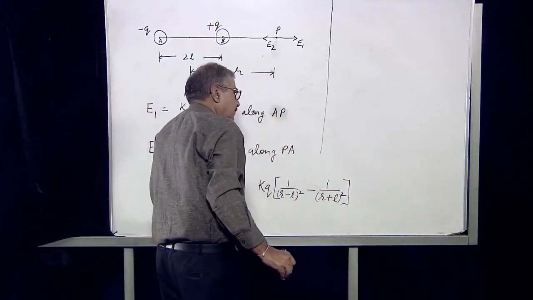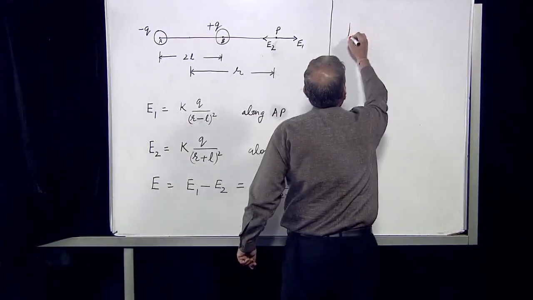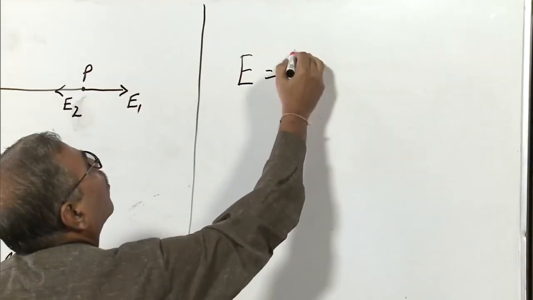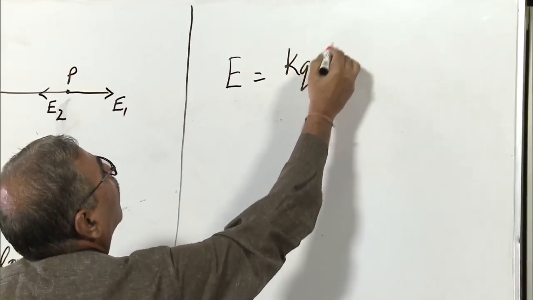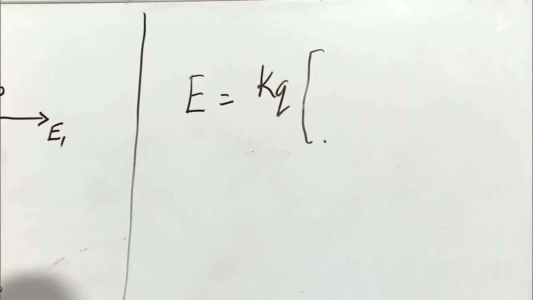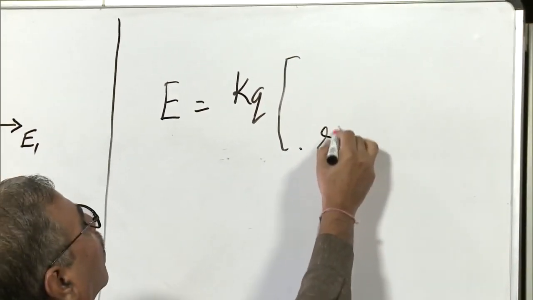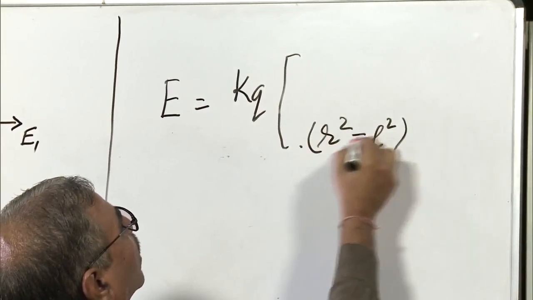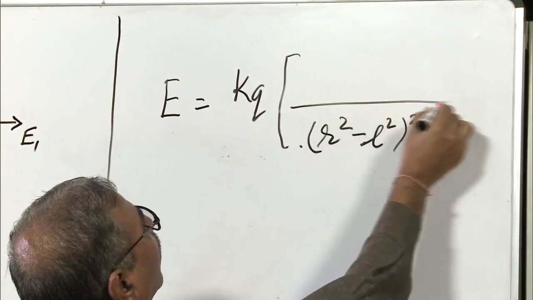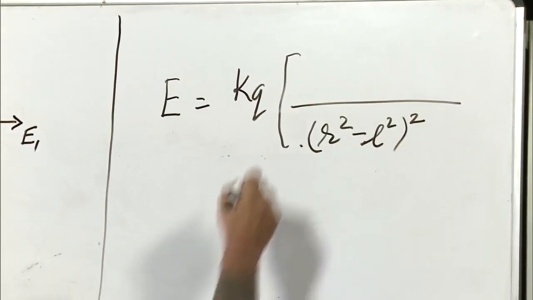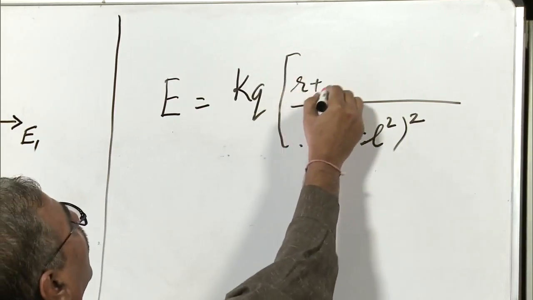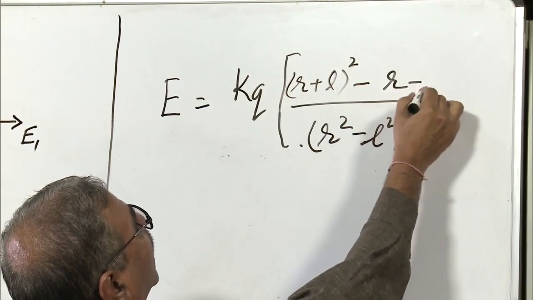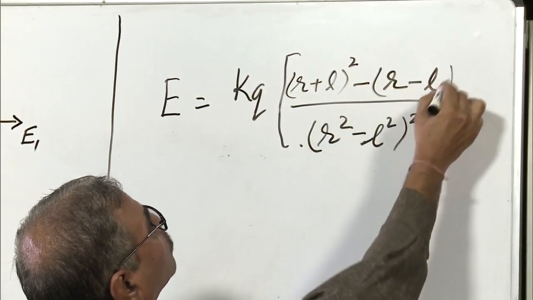Then, doing the necessary mathematics, E will be equal to KQ [(R square minus L square) whole square], and this is [(R plus L) whole square minus (R minus L) whole square].